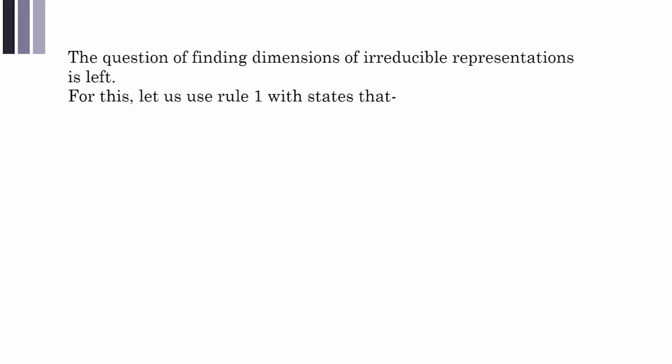Now the question is, how should we find the dimensions? The rule says that the sum of the squares of the dimensions is equal to the order of the group. There are a total of 6 symmetry elements in operation in this point group. So how do we satisfy L1, L2, L3, with the squares adding to 6?